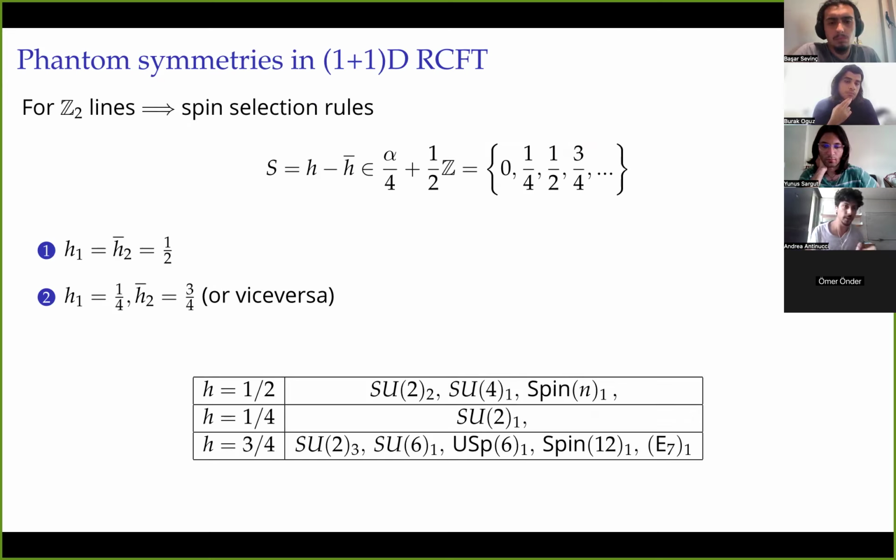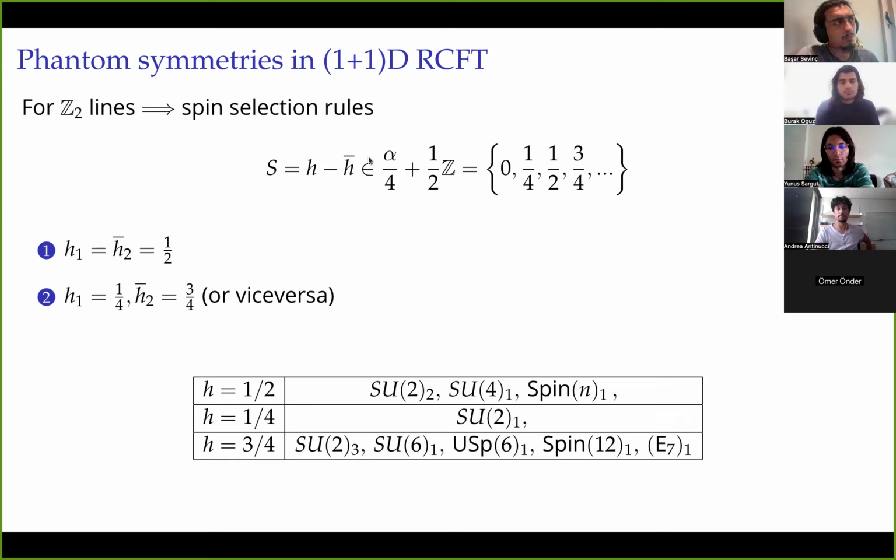And this gives me the opportunity of explaining some facts. So when you focus on Z2 lines, there are spin selection rules that tell you basically that the spin, namely the difference between h and h bar of the local operators living in the twisted sector, is constrained by this formula. And here alpha is the anomaly of the Z2 symmetry that can either be 0 or 1.